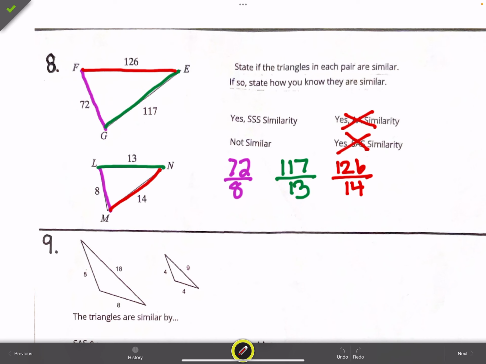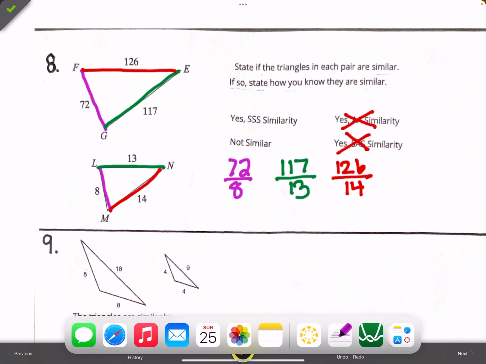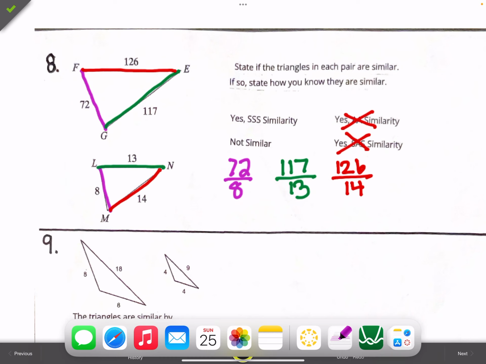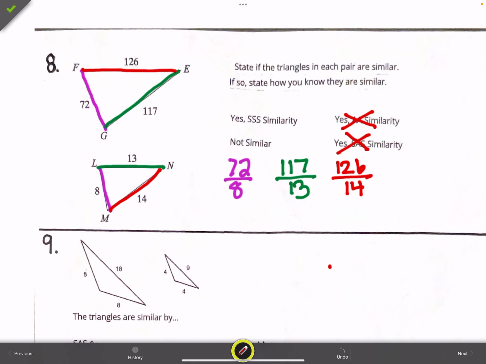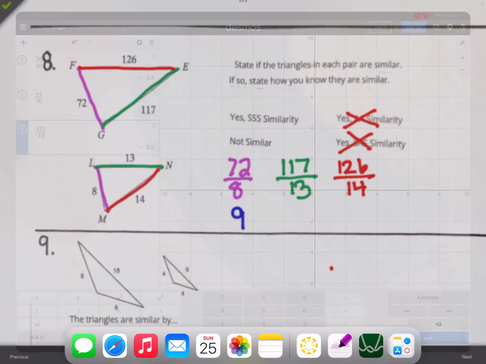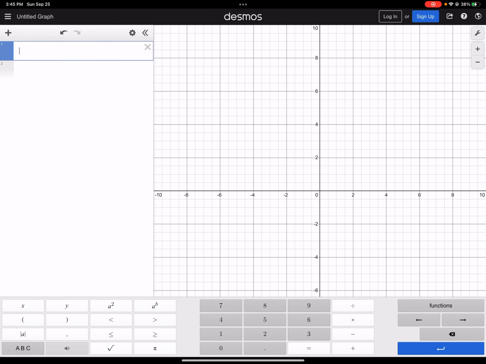All right, so again, fraction it, Desmos it or not. 72 divided by 8 I know is 9. I don't need to type that into Desmos. So now 117 over 13, I don't feel like doing that in my head. So come over here, take these out, 117, 13.